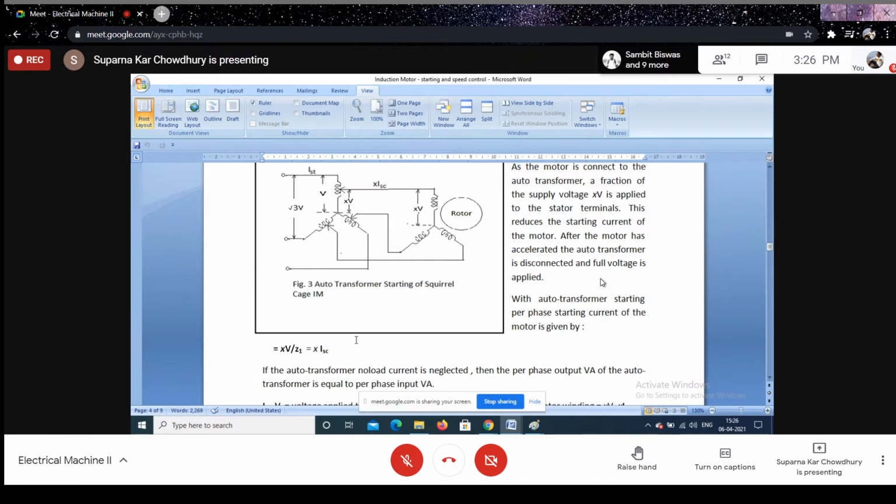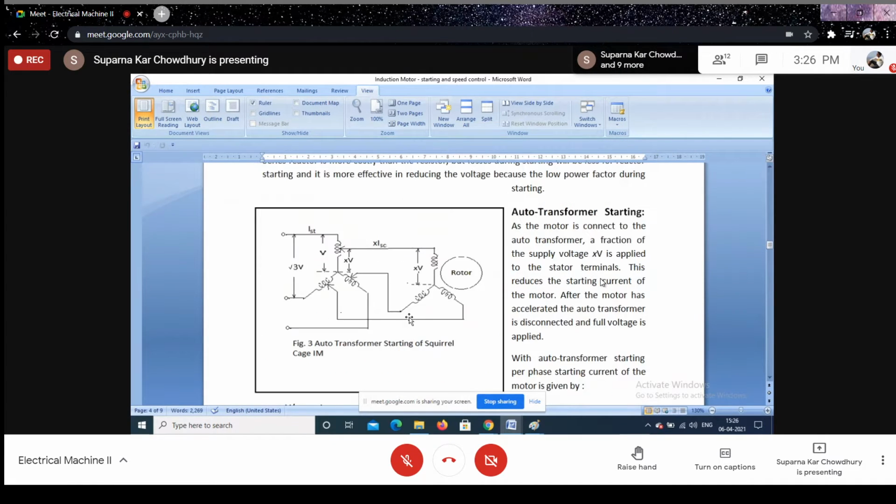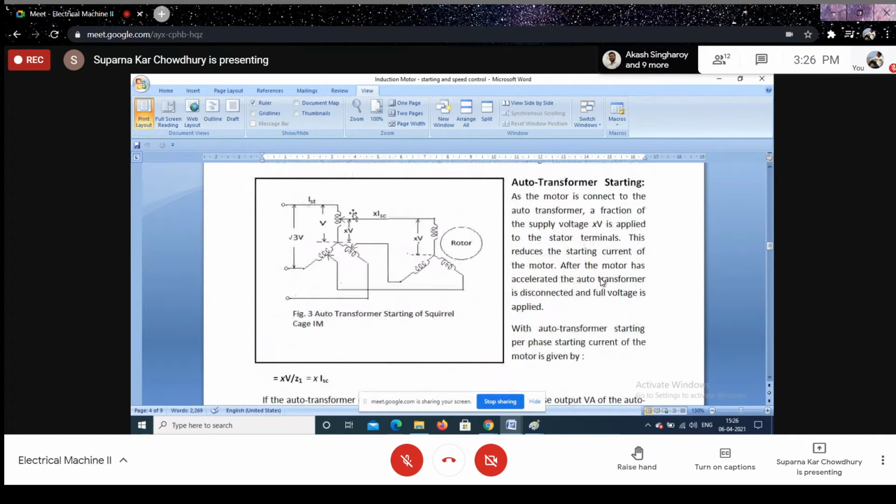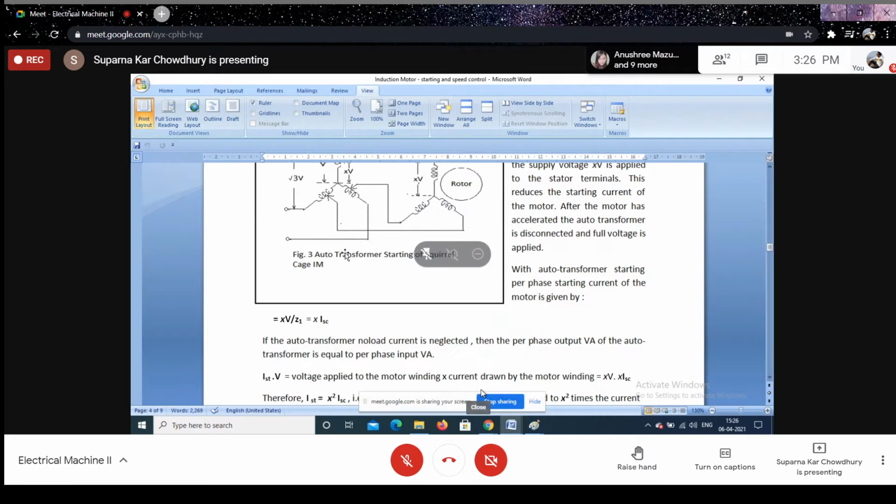If the transformer no load current is neglected, then the per phase input VA is equal to per phase output VA. So actually this current is what is flowing in the motor stator terminal, but what is drawn from the supply is this current. Say this is I starting.